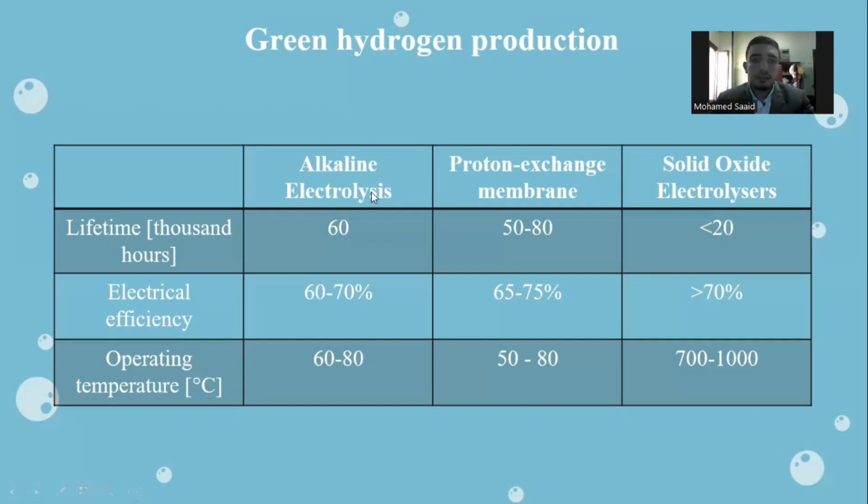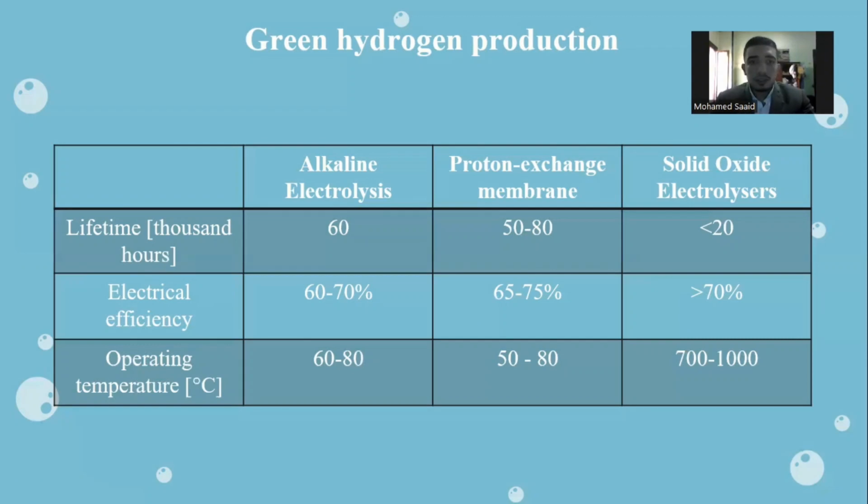The alkaline electrolyzer's electrical efficiency ranges between 60 and 70%. In proton exchange membrane, it's between 65 and 75%. Solid oxide is more than 70% electrical efficiency.